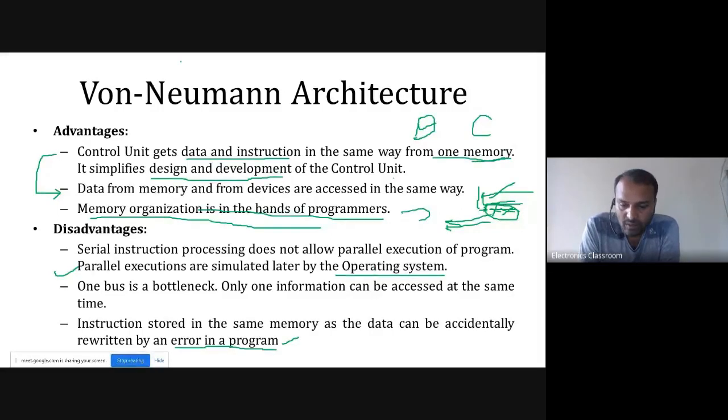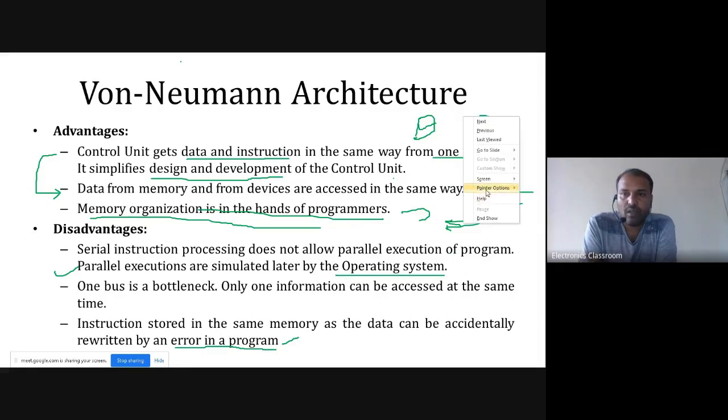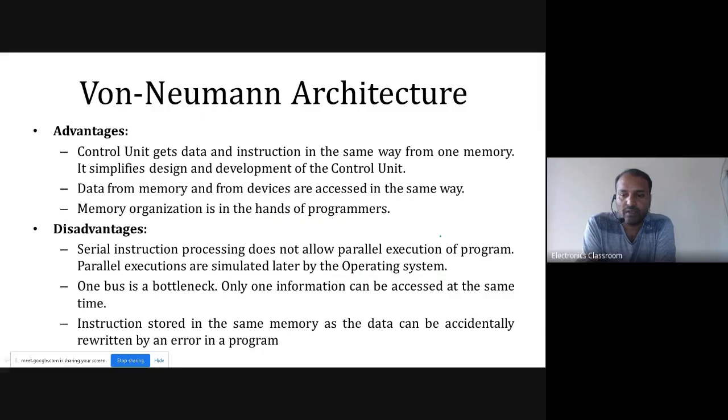Okay, so is there any doubt regarding von Neumann as well as Harvard architecture? Hello. No, sir. Okay, so I think you are now clear about the major difference between Harvard and von Neumann architecture.